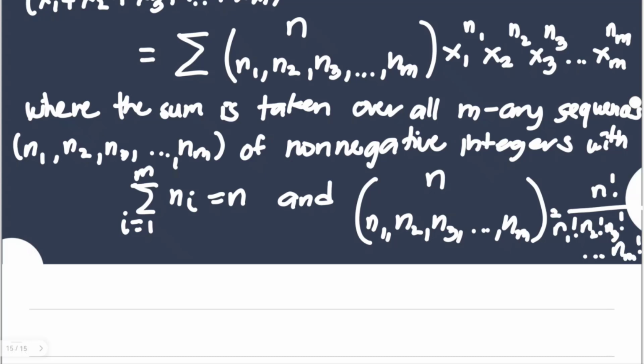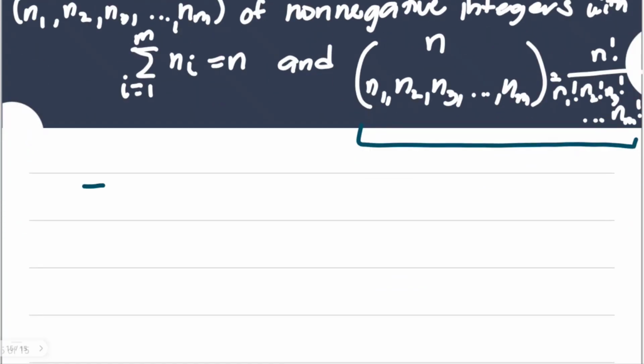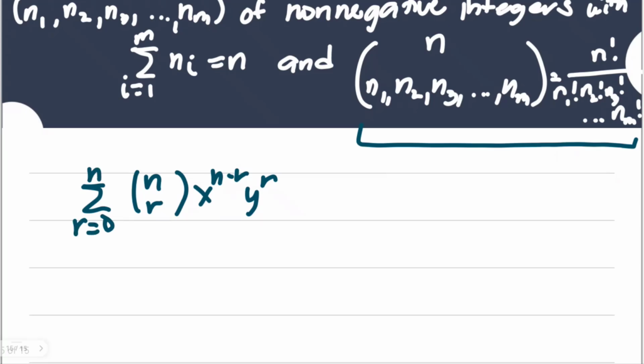This is similar to what we learned as combination multiset. If we return to the binomial theorem, it's actually like this: n taken r, x to the power of n minus r, y to the power of r, as r starts from 0 to n. So this is the combination for the coefficient.